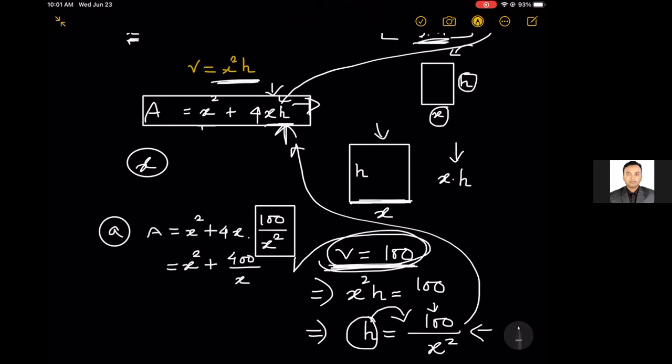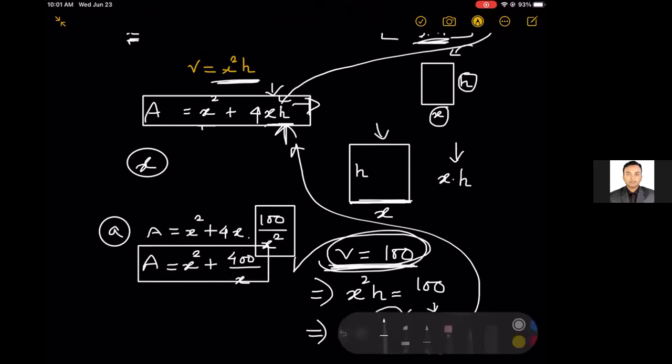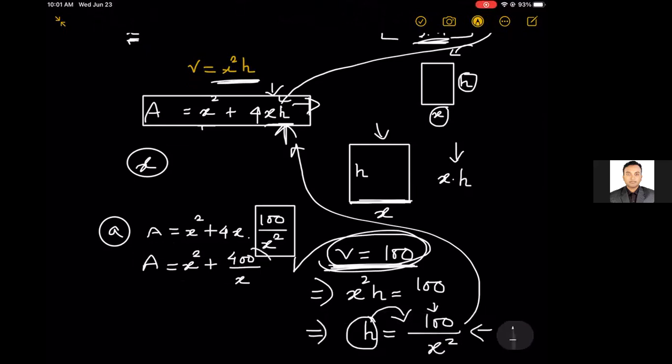So now we have the objective function A, which we are trying to minimize. Oops, my x is cut off. We're trying to minimize the surface area. We know the expression, I should say function, we know the function finally. Now we can move on.